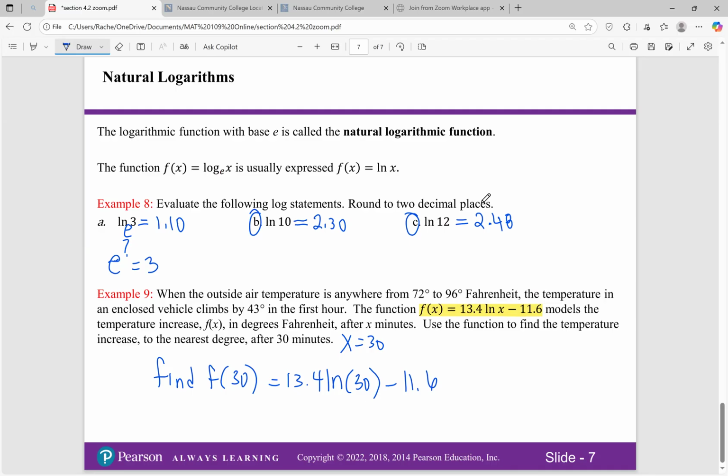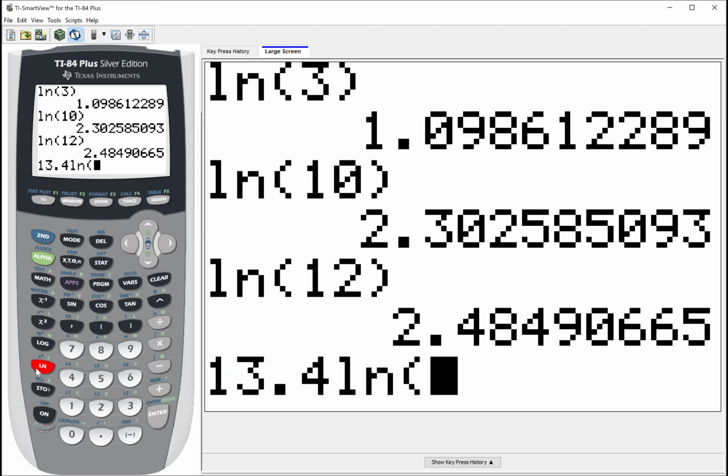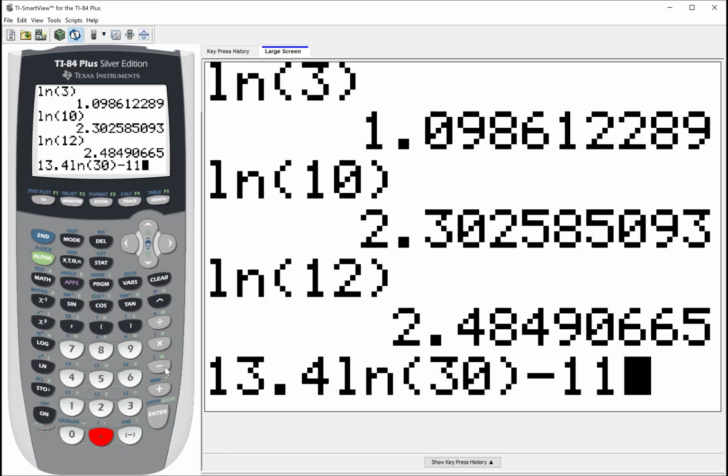So let's do that together. So we have 13.4 now times the natural log of 30. You have to close the parentheses, very important, because now we're subtracting 11.6.